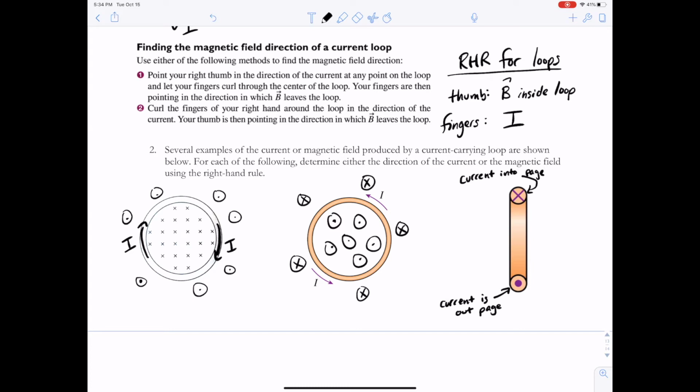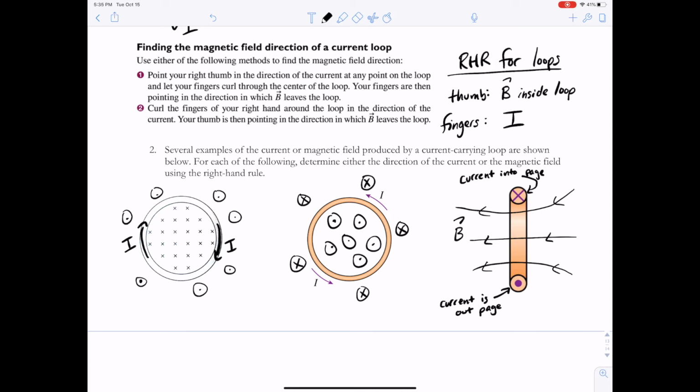Applying our right-hand rule for loops, I point my fingers into the page at the top of the loop, curl my fingers around so they're pointing out of the page at the bottom. My thumb is directed to the left. That means that my magnetic field through my loop is directed to the left, and then I can sketch in some magnetic field lines representing this fact.